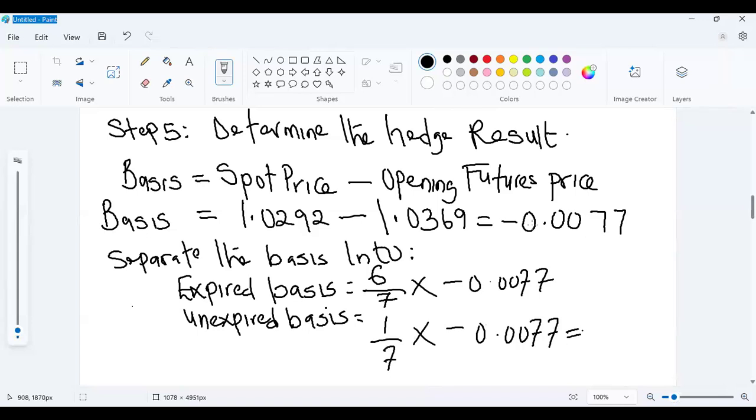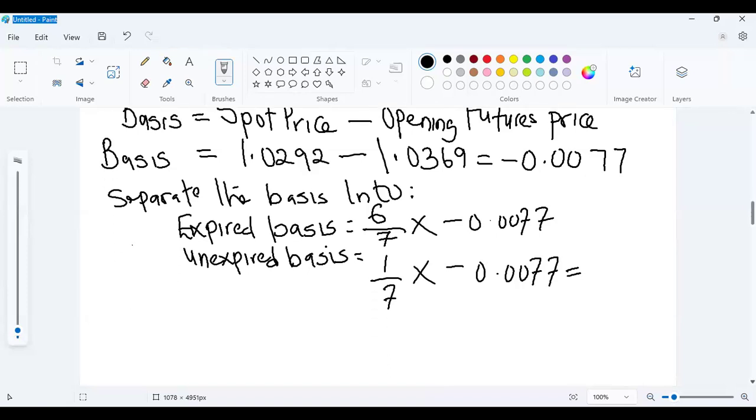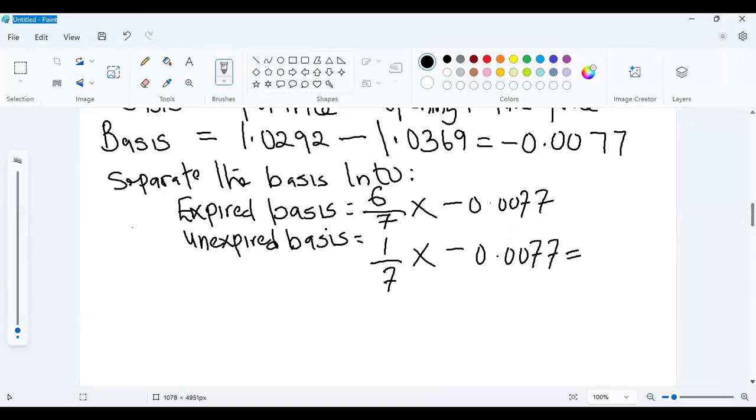Our major concern is the unexpired basis. We have just shown the two to explain, but what we need more is the unexpired basis. This will give us negative 0.0011. This is the unexpired basis.